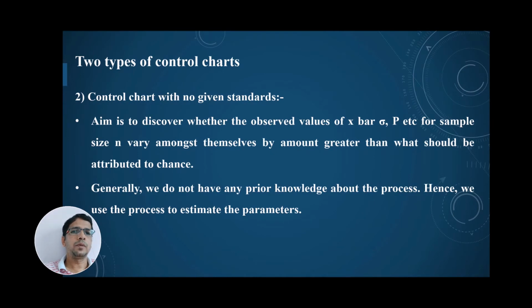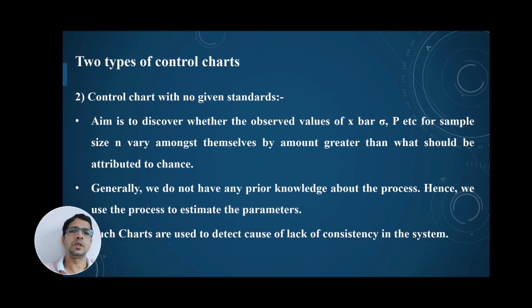Generally, we do not have any prior knowledge, therefore the standards are not given. Hence, we use the process to estimate the parameters, and the aim is naturally to check the consistency of our manufacturing process.